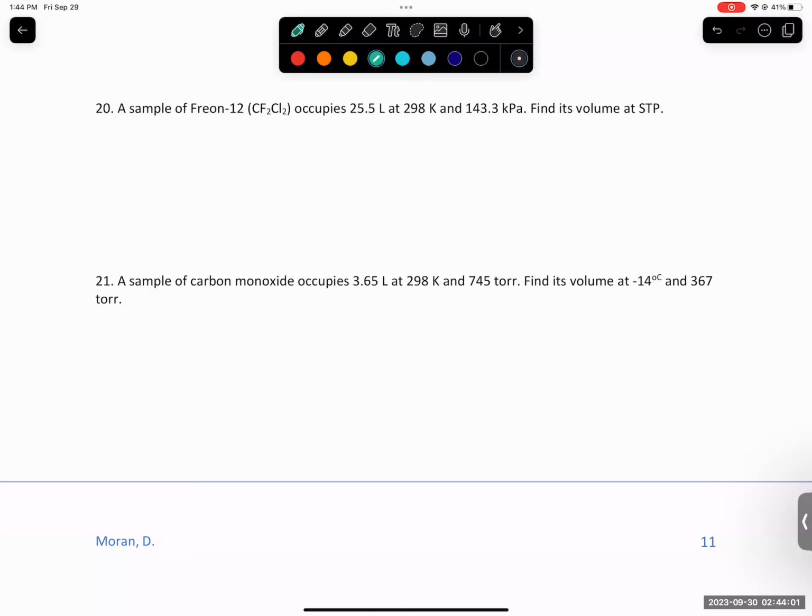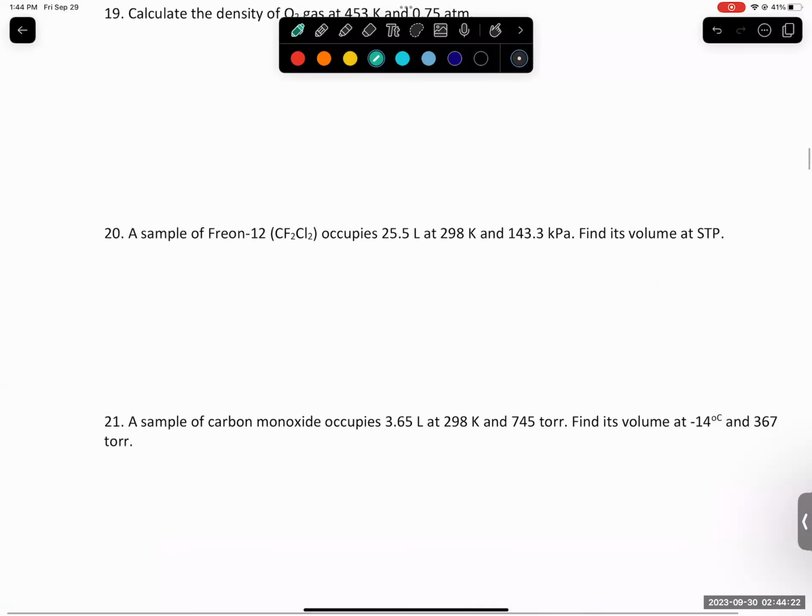All right, a sample of Freon 12 occupies 25.5 liters at 298 Kelvin and 143 kilopascals. And we want to find its volume at STP. There's multiple ways of doing this.